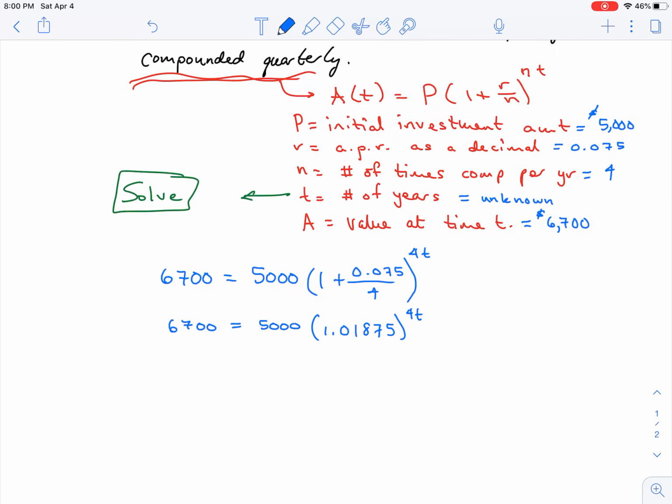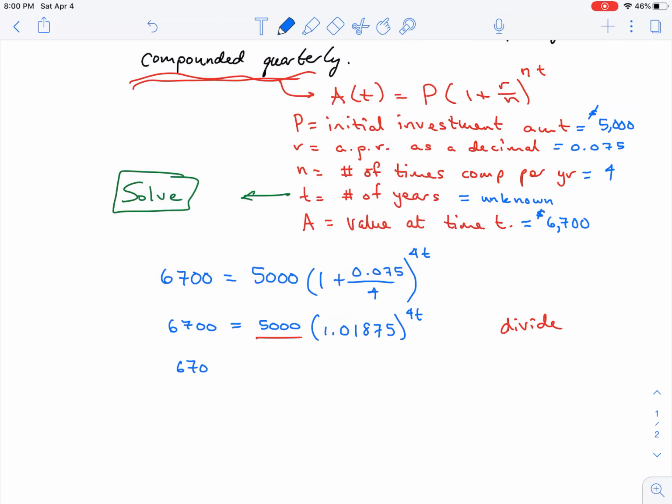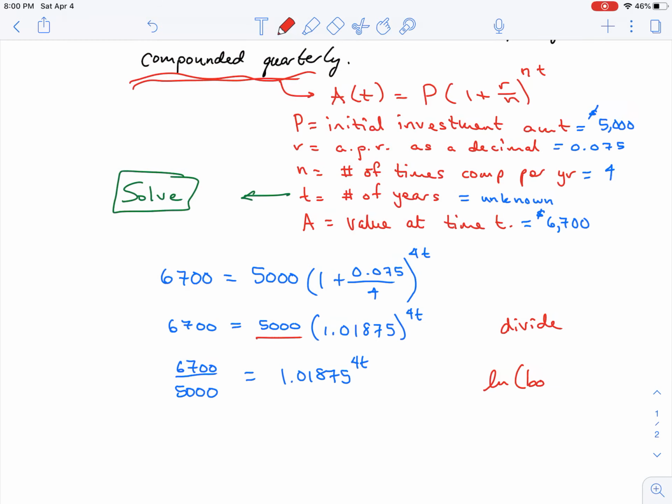Now we will divide by the 5,000 to isolate the exponential. So we have 6,700 divided by 5,000 is equal to 1.01875 to the 4t. Now we will take the log of both sides.